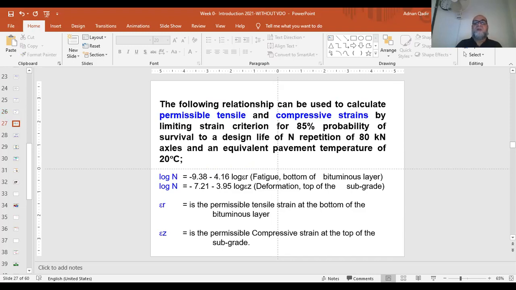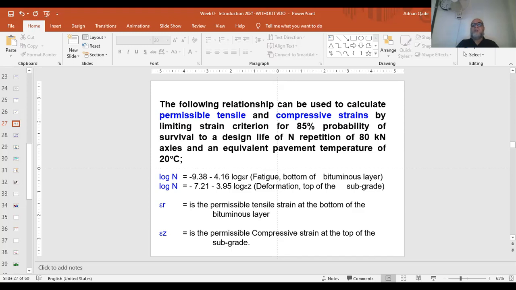The following relationship is usually applied to calculate the permissible tensile and compressive strain, by limiting strain criterion for 85% probability of survival of n repetitions of 80 kilonewton, meaning 18 kilopound or 8 ton single axle load, and an equivalent pavement temperature of 20 degrees centigrade.